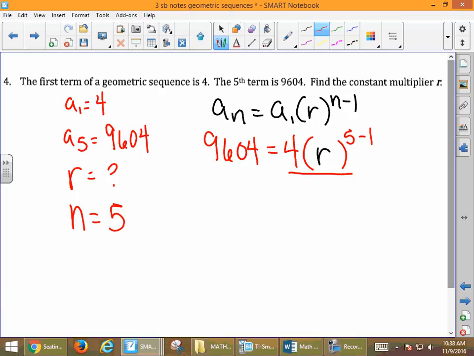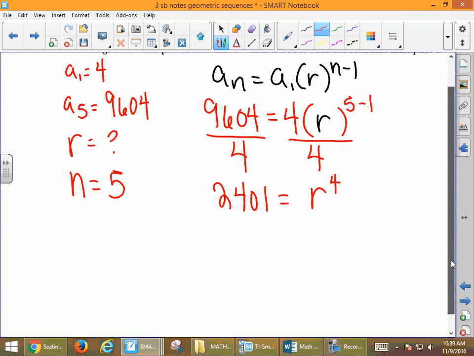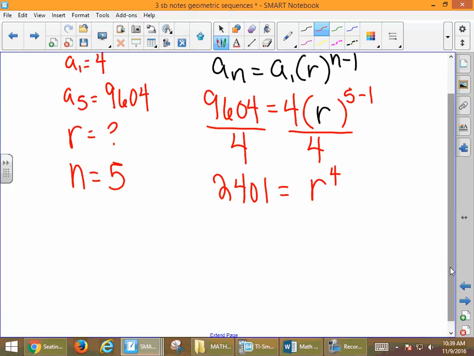It's 4 times r to that exponent, so we can divide both sides by 4. And when we divide both sides by 4, we get 2401 equals r to the 5 minus 1, which is 4. I eliminated the parentheses because r is alone now. But what do you think we need to do to figure out what r equals?